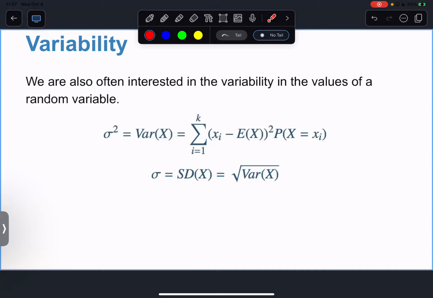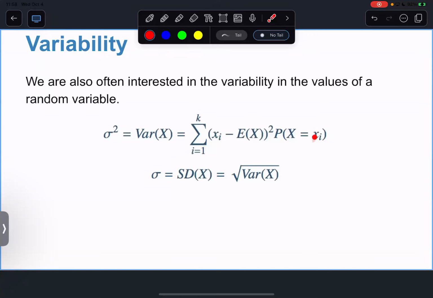It's going to be the distance of each payout in the previous example, or the distance of each outcome from the expected outcome, right? So what's the distance between the expected outcome and each of those outcomes? Then we square it and then multiply it by the probability of each of those things.